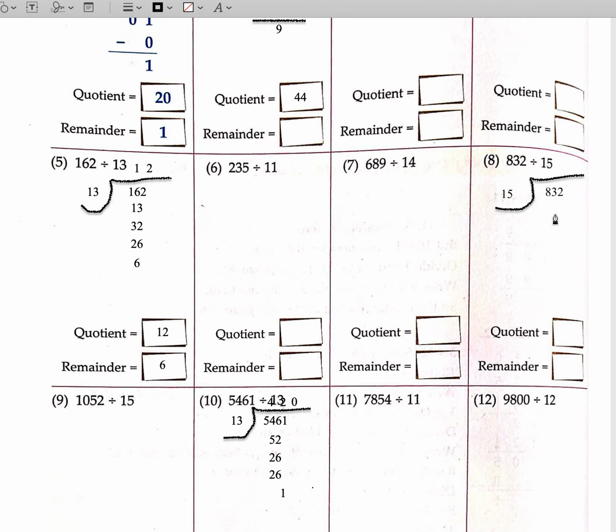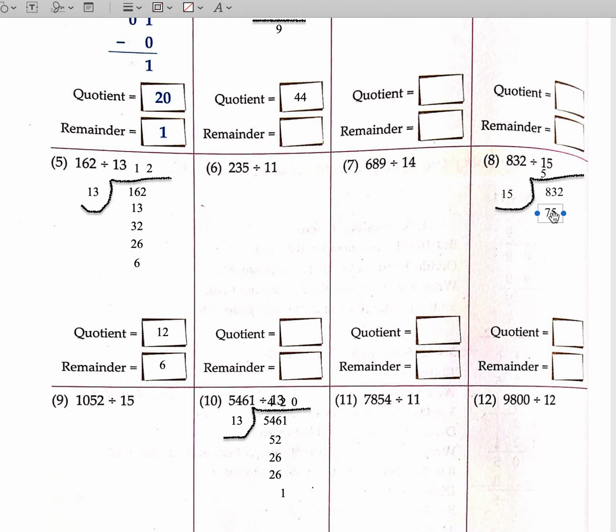So the next perfect number will be 75, which is 15 into 5 is equal to 75, and as 15 into 6 is equal to 90, it is too big for 83. So the number we'll take is 75. And up, we'll write 5, because 15 fives are 75.